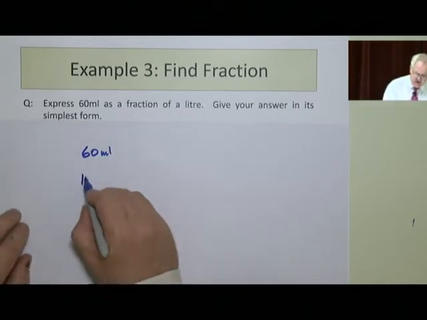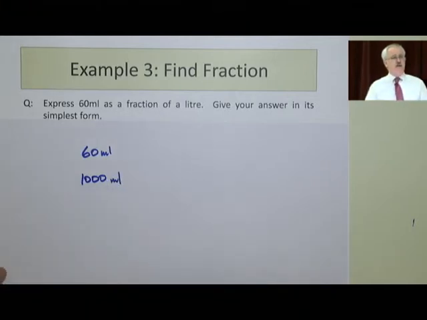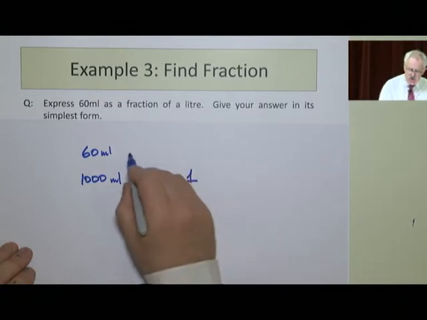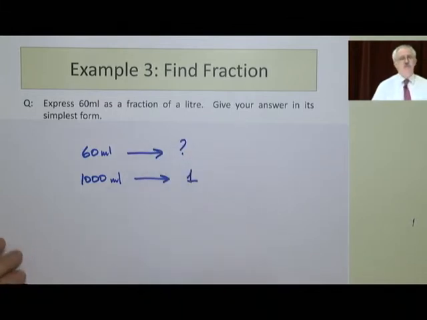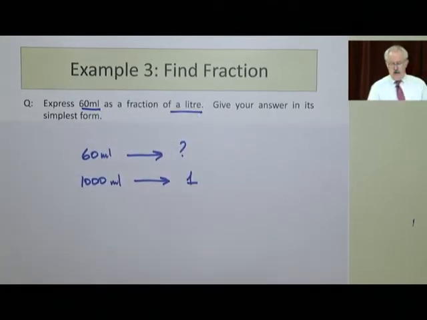So really what you're saying is 1,000 millilitres is the lot. That's not a fraction. So 1,000 millilitres must be 1. So if 1,000 millilitres is 1, 60 millilitres will be what? And then you've broken down the question.